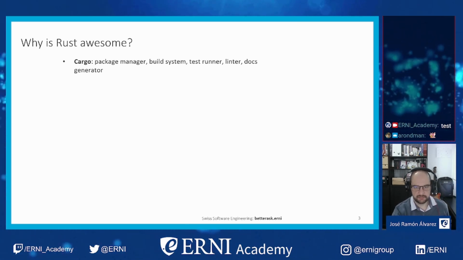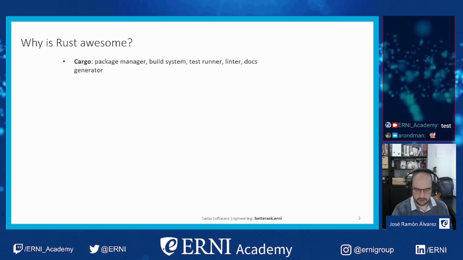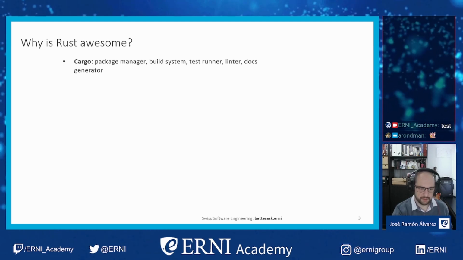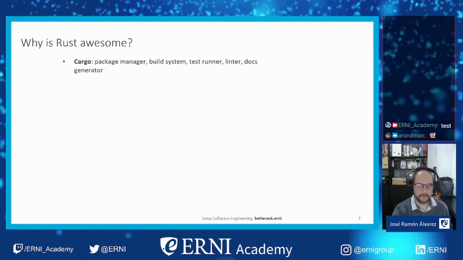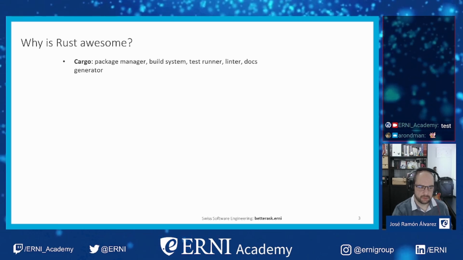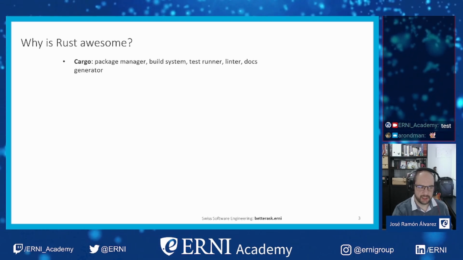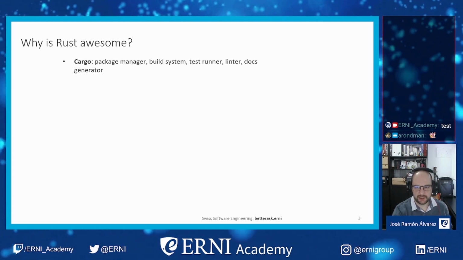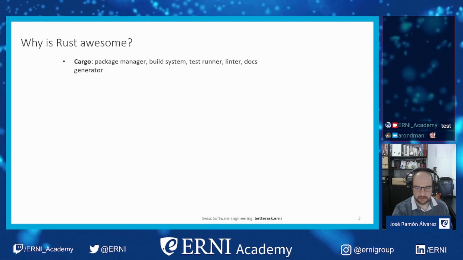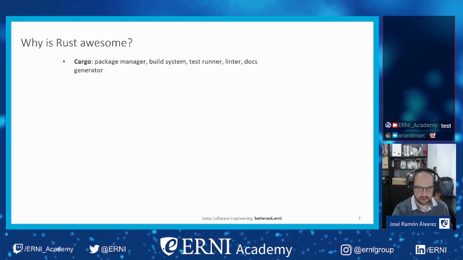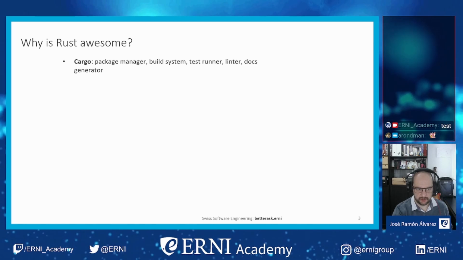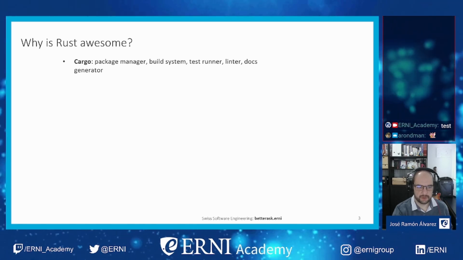The build system would be something like a CMake equivalent. The test runner is similar to Google Test, and we also have a linter called Clippy, and the docs, which are very important in the Rust community.